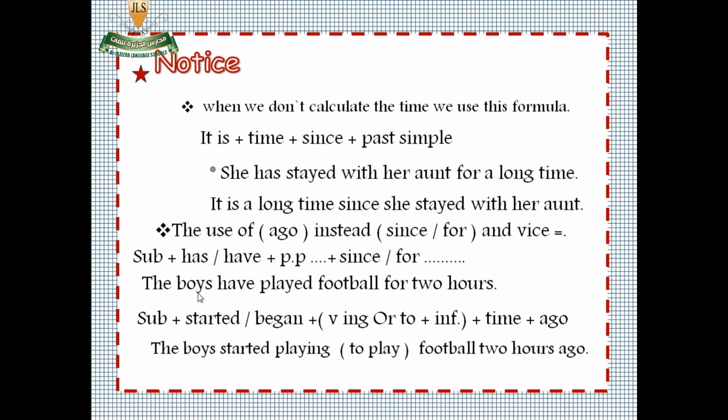The boys started playing football 2 hours ago, or I can say the boys started to play football 2 hours ago. So I can use it with verb ing and I can use it with to plus infinitive.